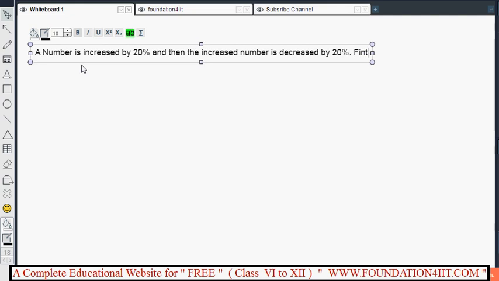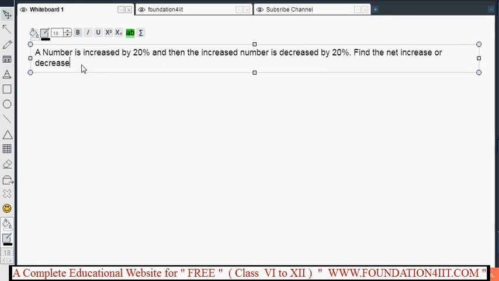Find the net increase or decrease percent.